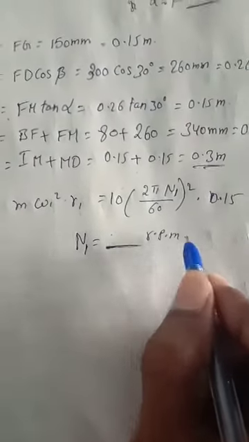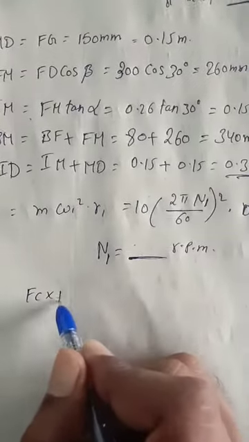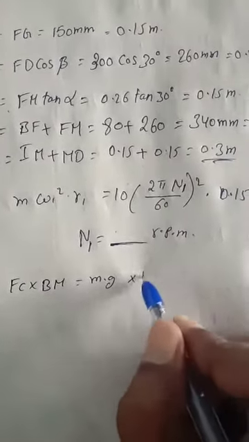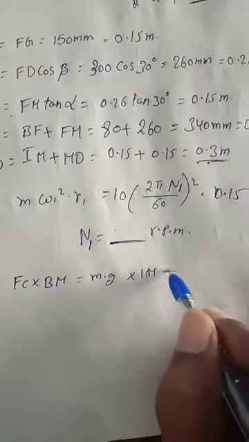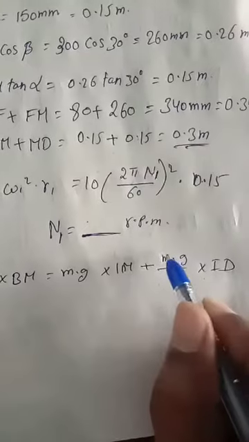rpm. And by a similar method, now we are going to see Fc into BM, that is equal to small m into g into IM plus capital M into g by 2 into ID.